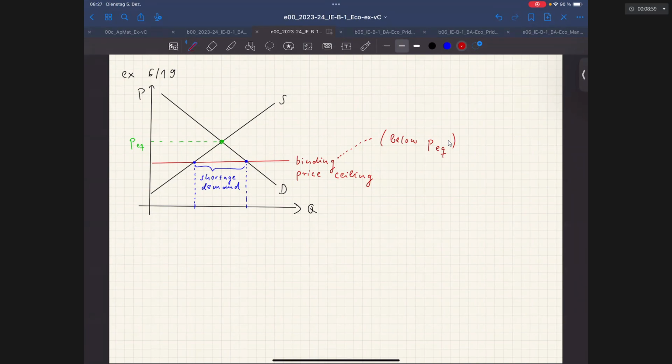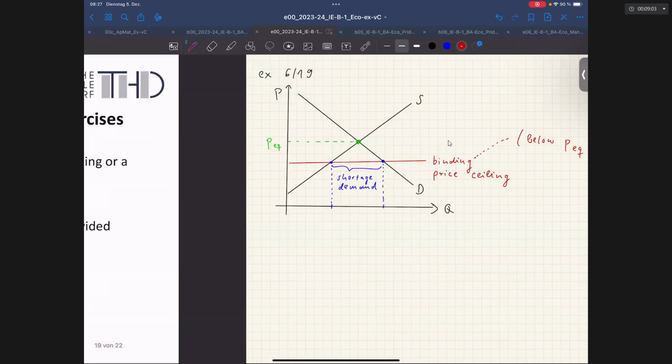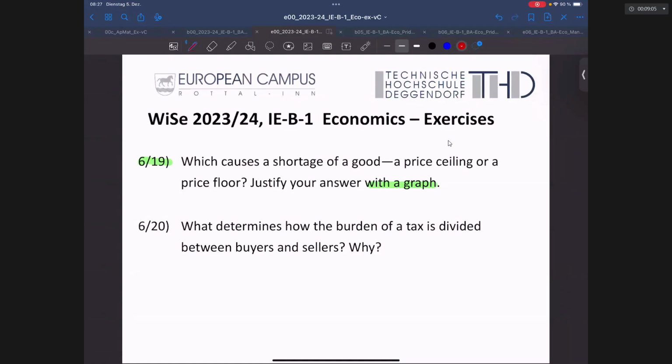Now let's go on to have a further summary within our exercises. What determines how the burden of the tax is divided between buyers and sellers and why? Now we have some more participants, and I would like to send you to the first and short breakout session for today.